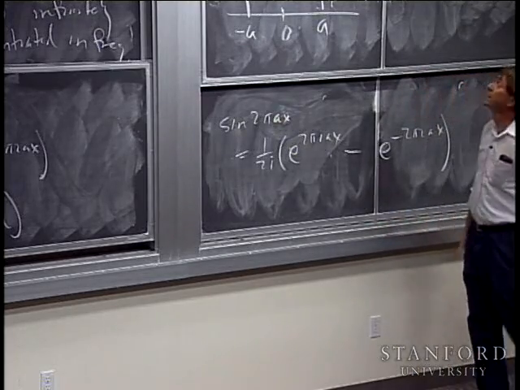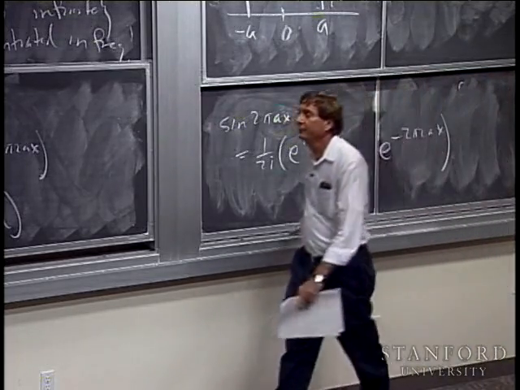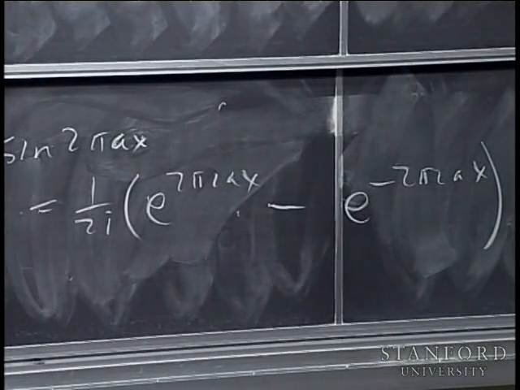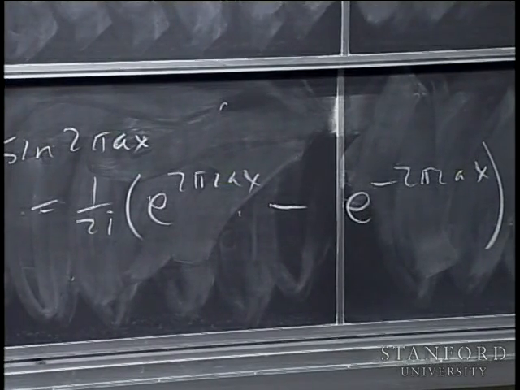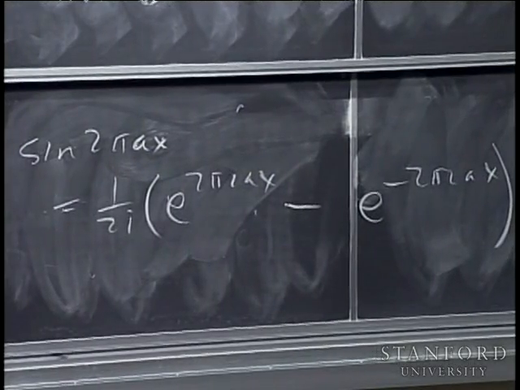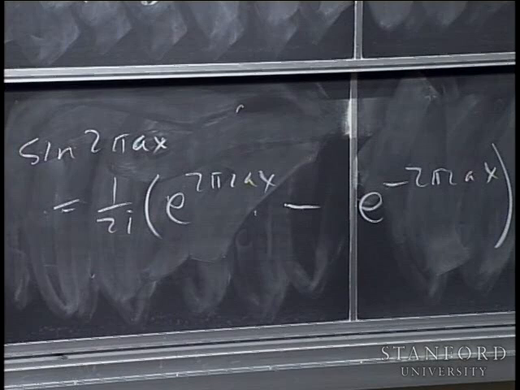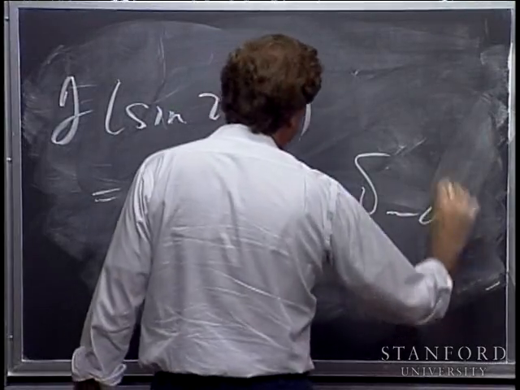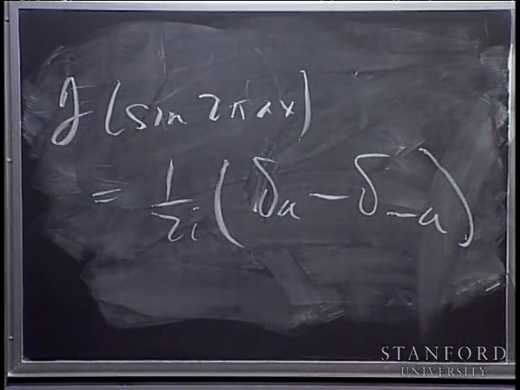And so its Fourier transform is the difference of two delta functions times this complex number, 1/2i. The Fourier transform of sine of 2 pi ax is 1/2i times delta sub a minus delta sub minus a. Nothing to it.